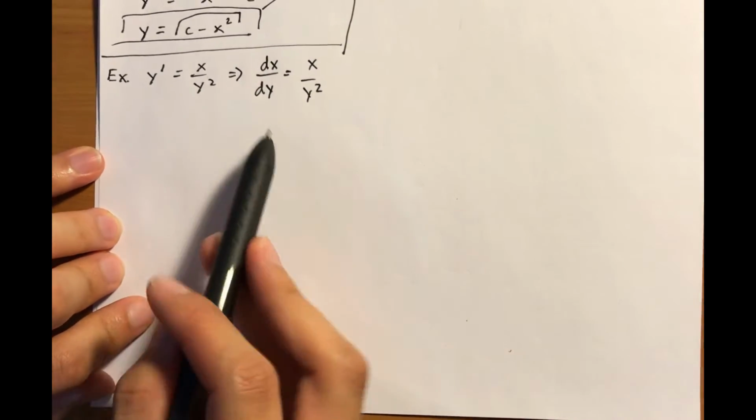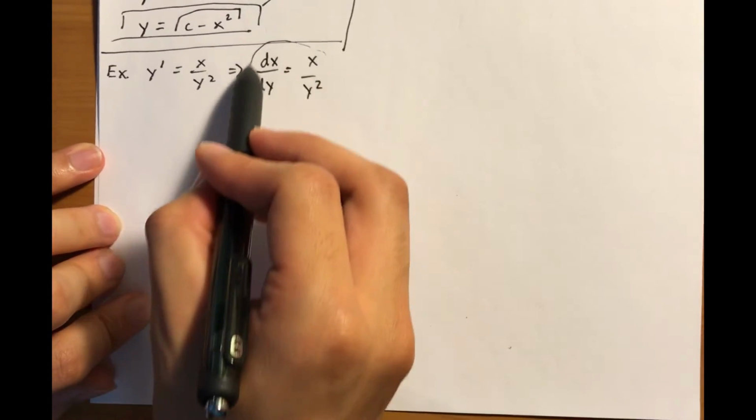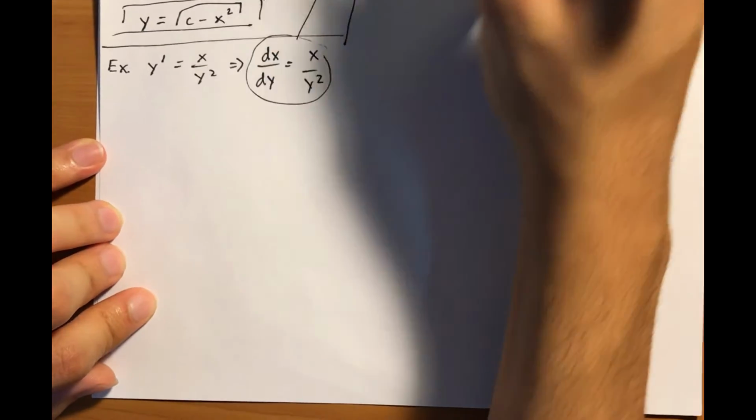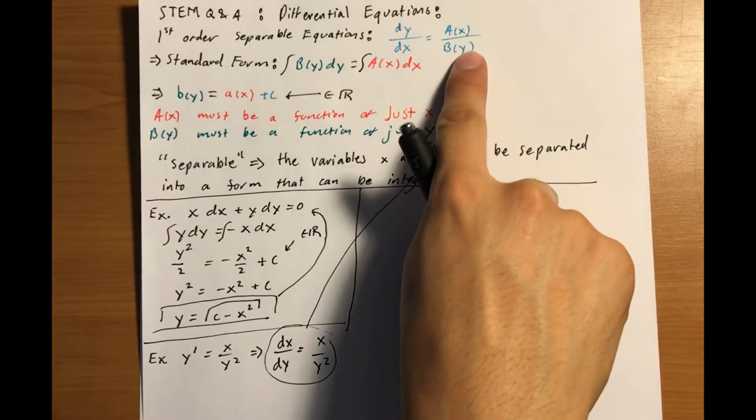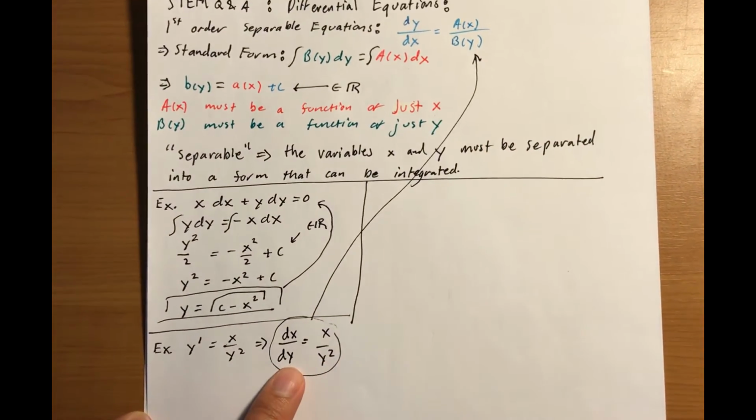As you can notice, this is very similar to what we have up here: dy over dx equals a function of x divided by a function of y. It's the same thing right here.